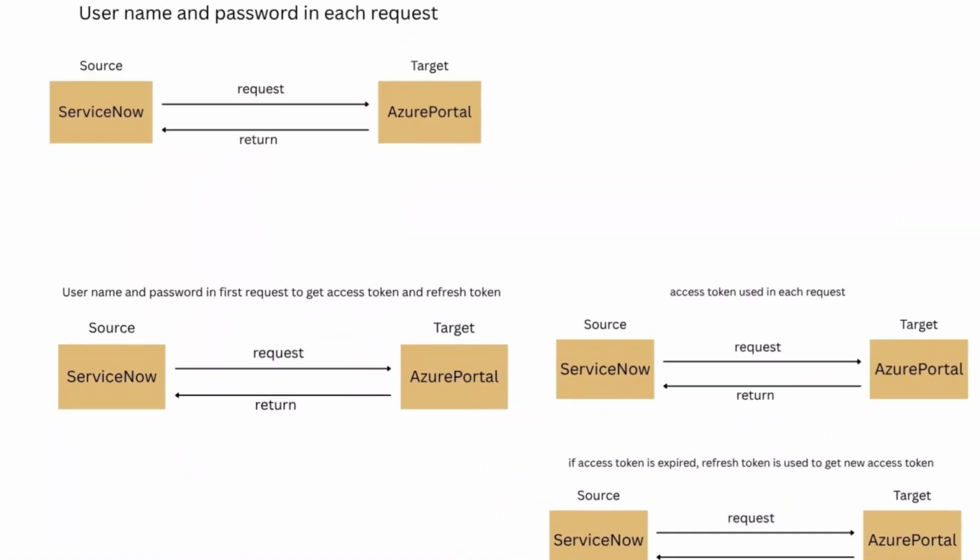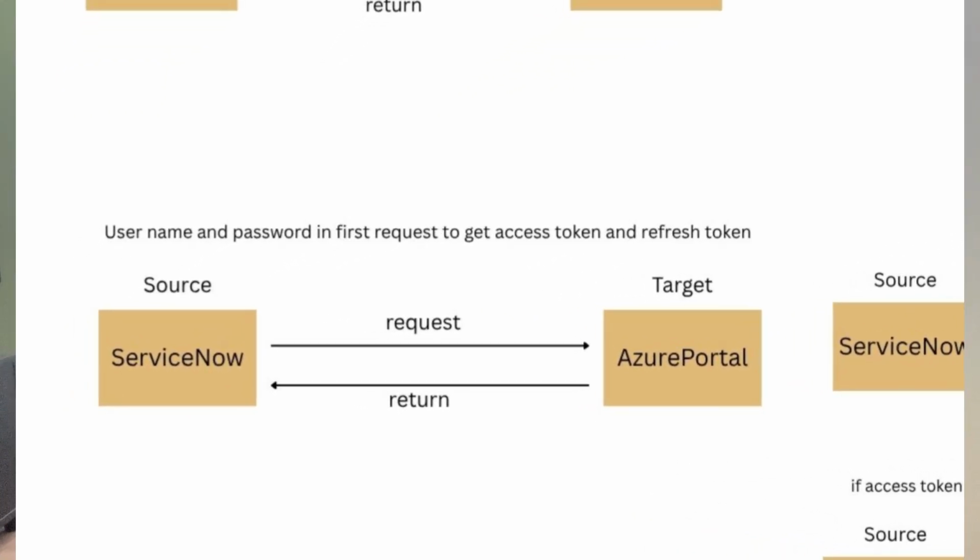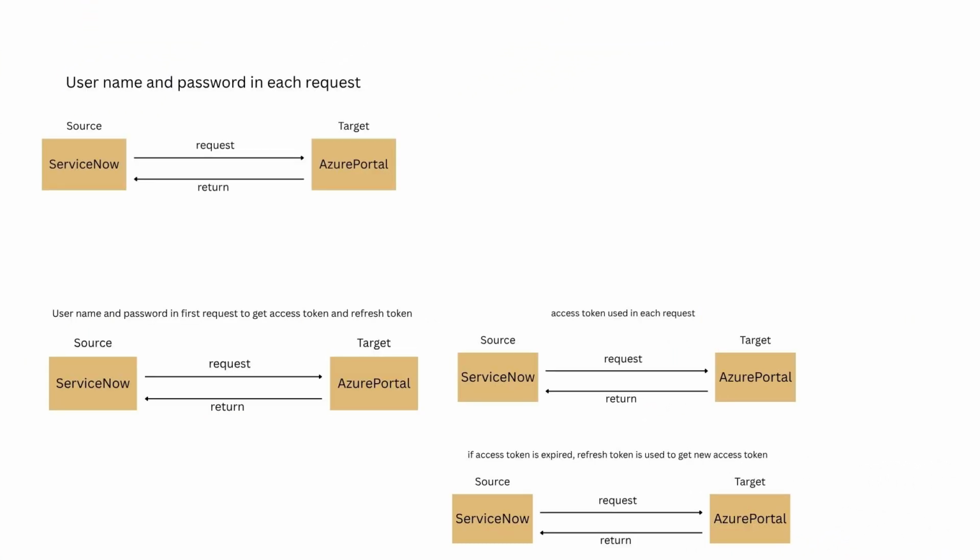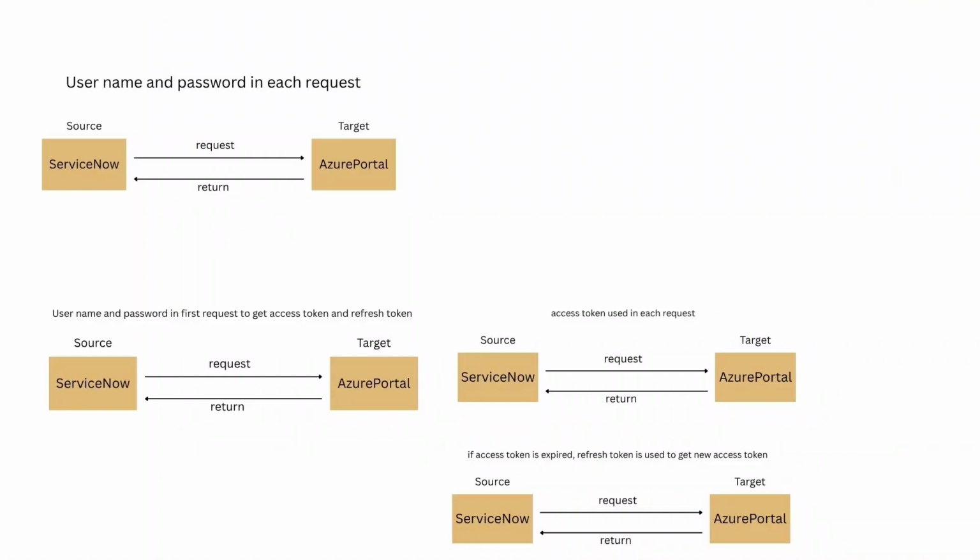This user ID and password is used to get a token, okay, to get an access token. So the purpose of this user ID and password is not to enter this room, not to enter the application, but to get a token. This token has an expiry and all these kinds of things, and whenever this token is expired, they use a refresh method to get a new token. So these are the mechanisms.